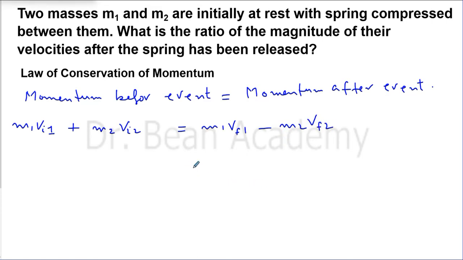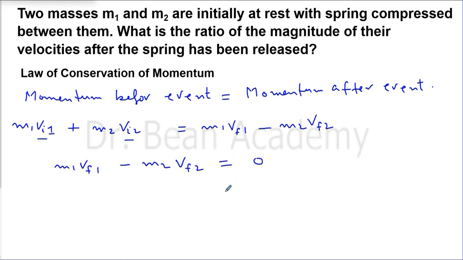So here we have the equation, and we know that vi1 and vi2 were 0 before the event. They were just still at their positions. So the left side will become 0. So I will write the expression on the right side: m1 vf1 minus m2 vf2 equals 0.